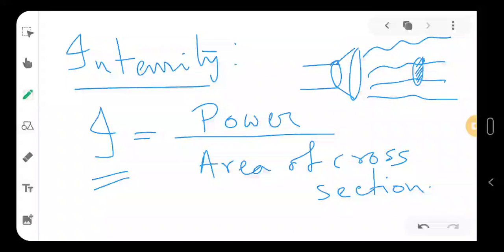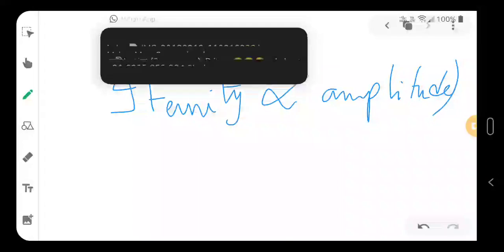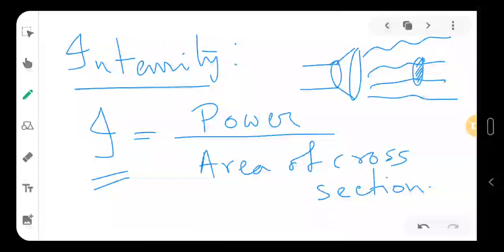Now on which factor does intensity depend? We can see that intensity is proportional to the amplitude square. We know that the amplitude is nothing but the highest displacement produced by the wave.